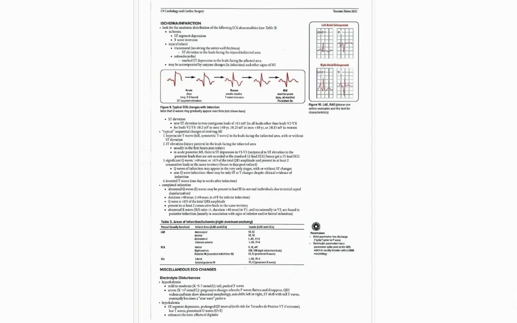In hypokalemia, we see ST depression, flattened T waves, prominent U waves, and QT interval prolongation, increasing the risk of torsades de pointes. Hypokalemia also increases sensitivity to digoxin toxicity, making recognition especially important in clinical practice.